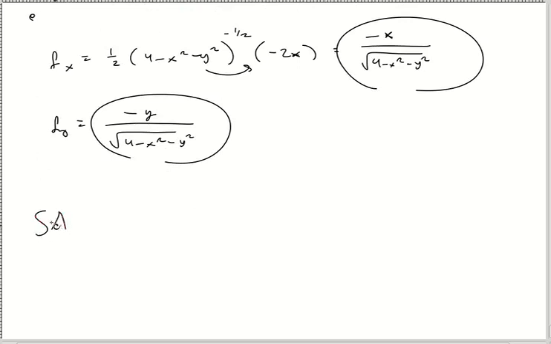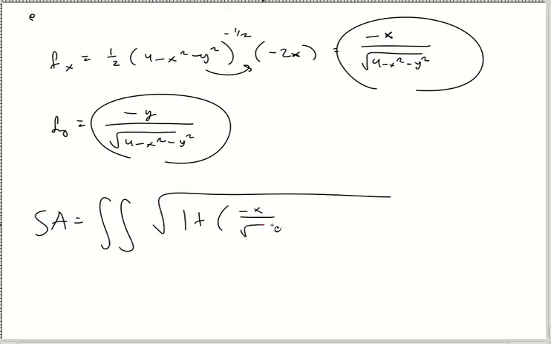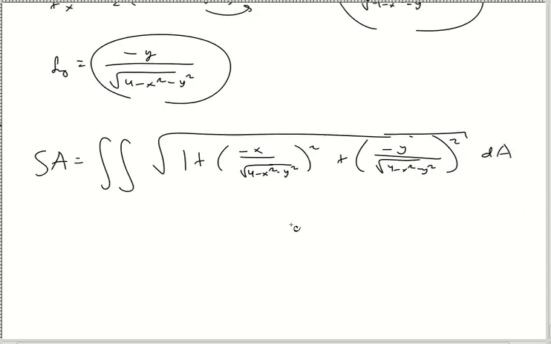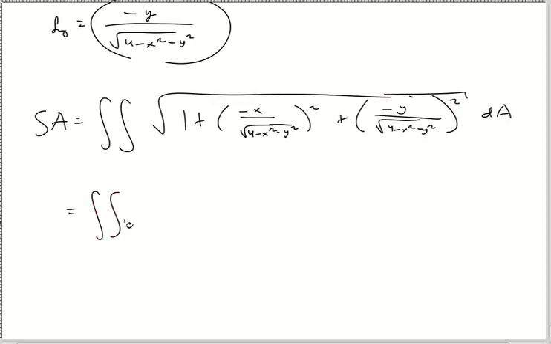And so finally, surface area, what is it going to be? The double integral of the square root of 1 plus both of these guys squared, dA. Whew, it's a lot to type, isn't it? The squares for those are definitely going to clear some things up. So let's do a little simplifying. When I square it, the negatives go away.